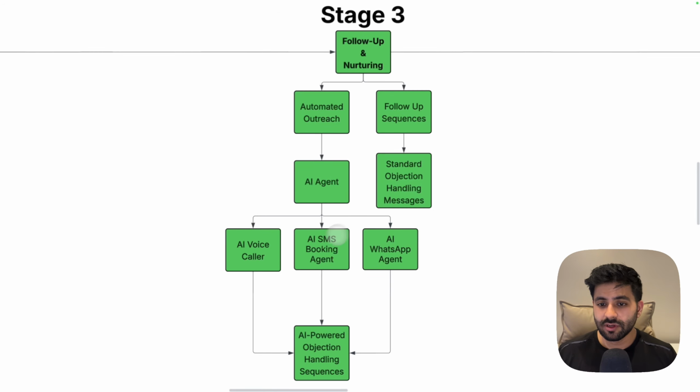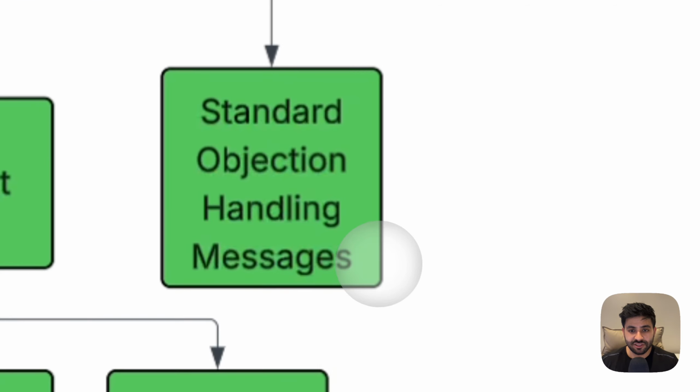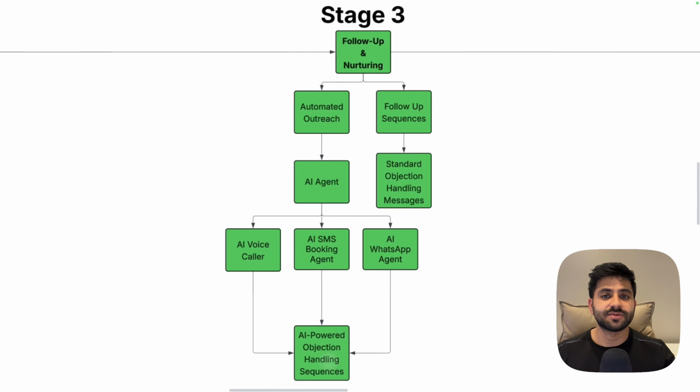We also include, as mentioned, objection handling messages that are standard, but also AI-powered to be custom to the objection that's being asked by every individual lead. So instead of chasing people down, you're attracting them, all without lifting a finger. This whole system is the bridge between your marketing and your booked appointments. And the best part about it is it's fully automated.